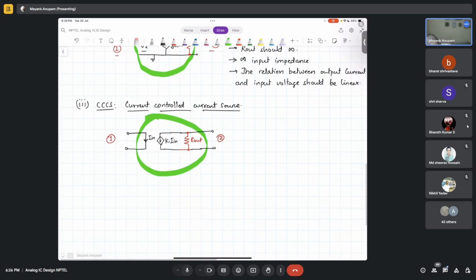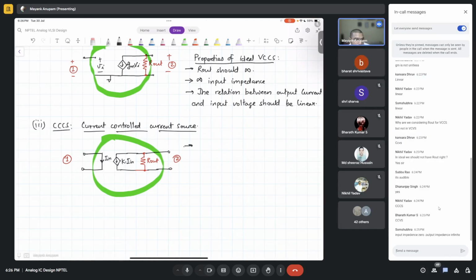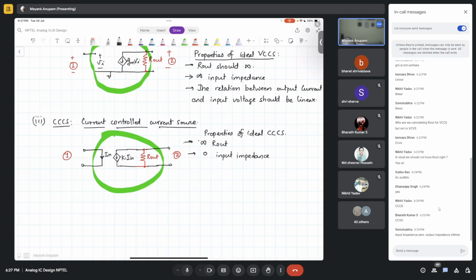What are the properties? As one of you has already pointed out, CCCS has input impedance of zero. Yes, correct. So basically again it has infinite R out, correct? And zero R in, or zero input impedance. Good.